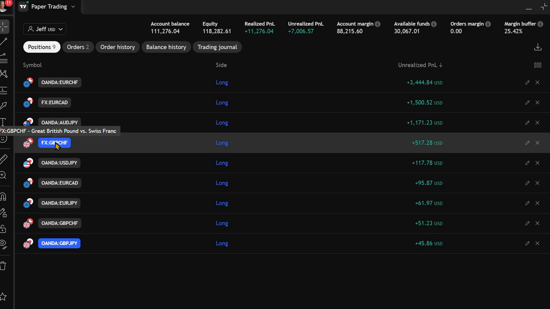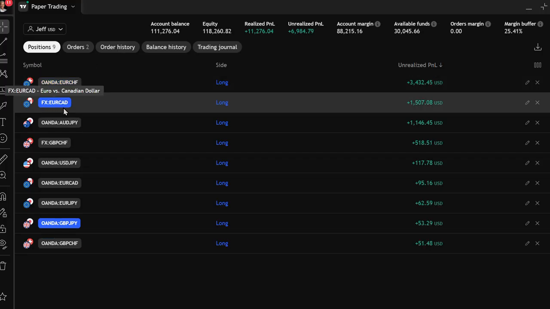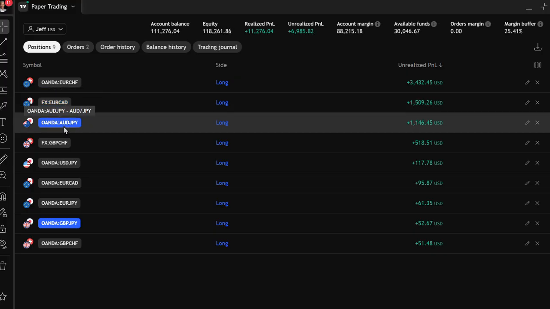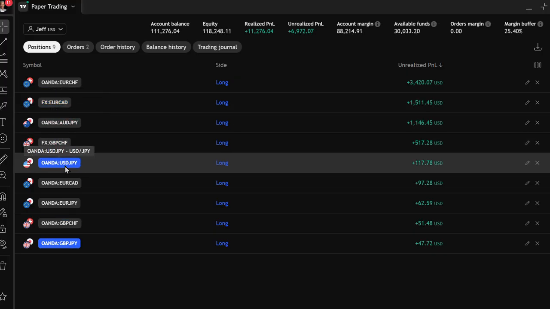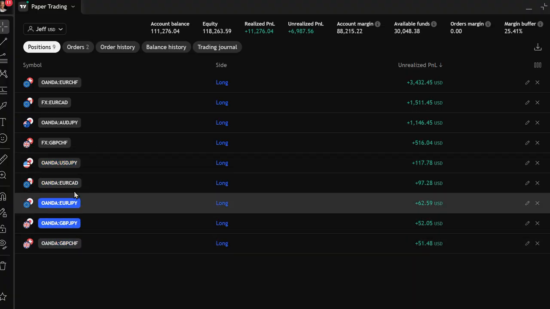Pound is in the front, and Swiss is weak. Euro is strong. It knows the weakness of Swiss. Euro is strong, so Euro and GBP, they are partnering up. Even the dollar is strong today, right? And so there's no dollar Swiss here at all.